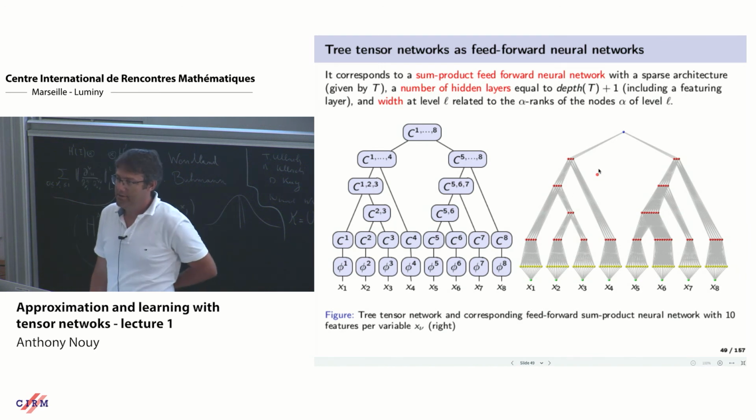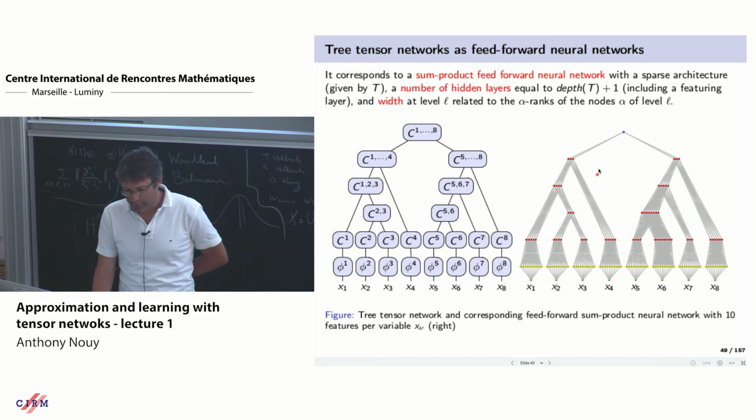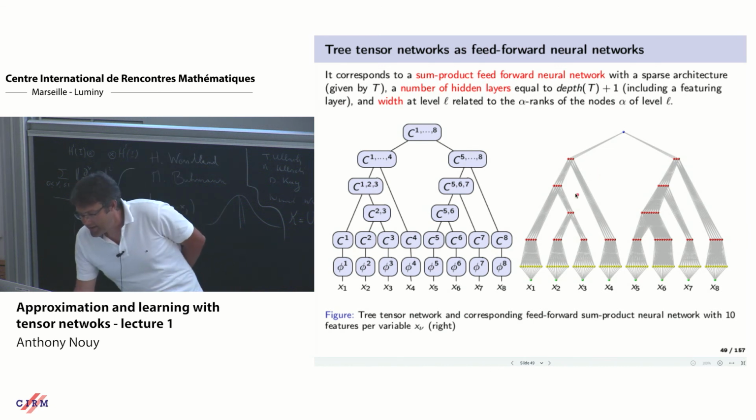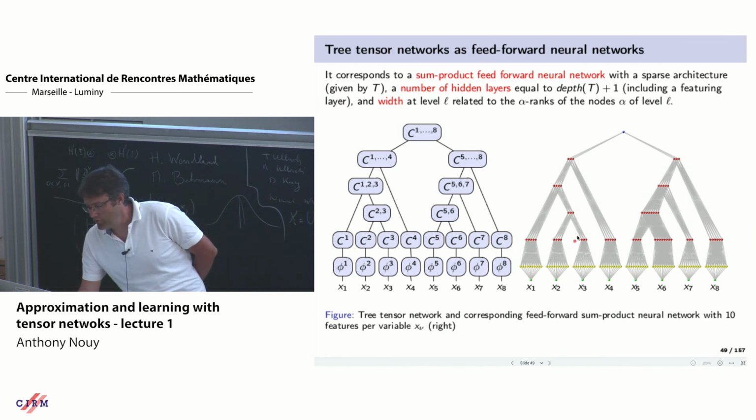Yes, there is a question on the chat. They're asking what a sparse architecture actually means in this context. It's sparse in the sense that, if I had a fully connected layer, I would consider that all these red dots here are neurons associated with the first hidden layer.